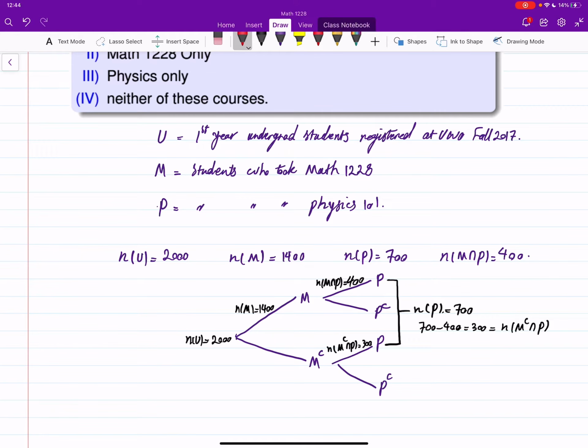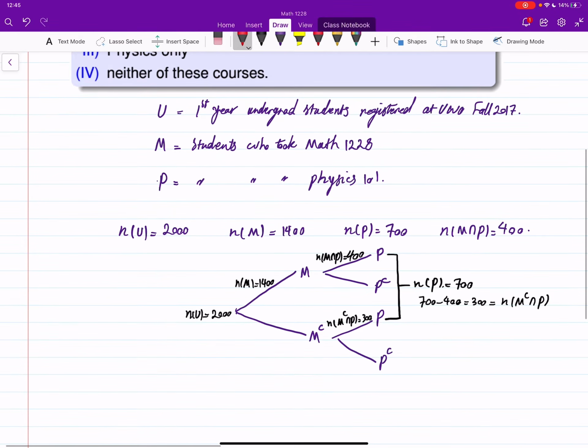We can go ahead and try to fill out the tree, complete the tree. For example, the rule is that the number on the incoming branch must be equal to the sum of the numbers on the outgoing branches for each point. So here, 2000 incoming, 1400 up there, so the rest needs to go here, which will make that 600.